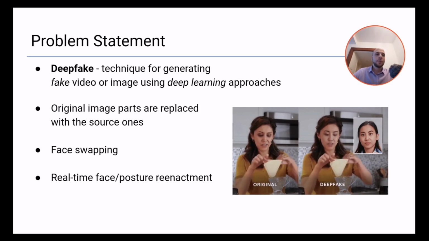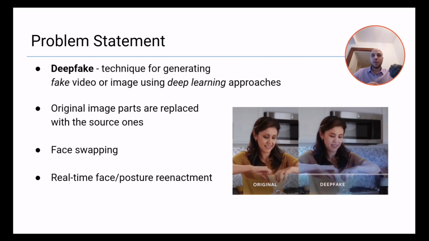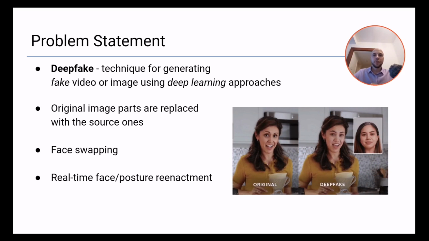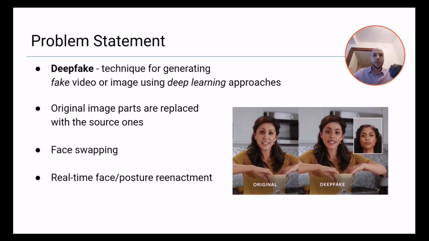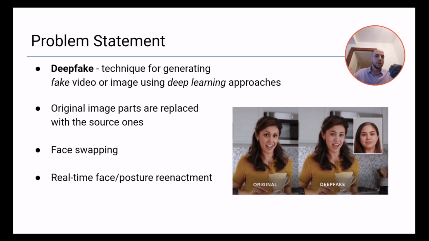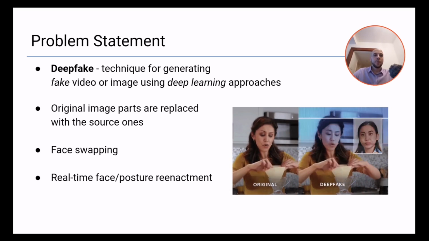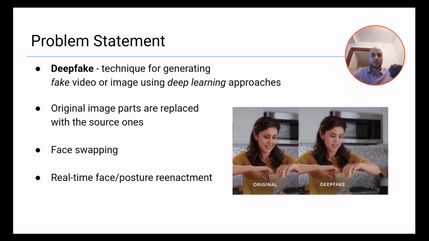First, let me introduce what is deepfake. Deepfake is a technique for generating fake or fictional video or image using deep learning approaches. It can be either variational autoencoder approaches or generative adversarial neural networks or any other advanced neural networks.